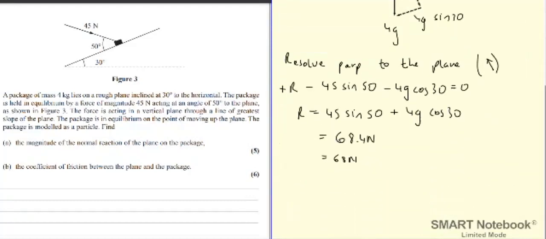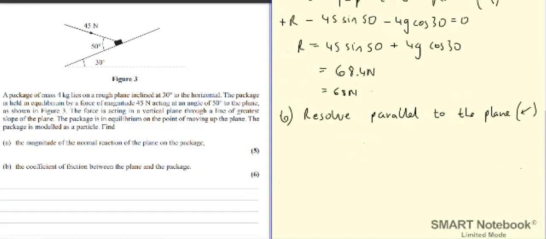So we are going to resolve parallel to the plane. So for part B, we're going to resolve parallel to the plane. And because mu R acts in that direction, I want to keep it positive. I'll resolve going in that direction and say that direction is the positive direction.